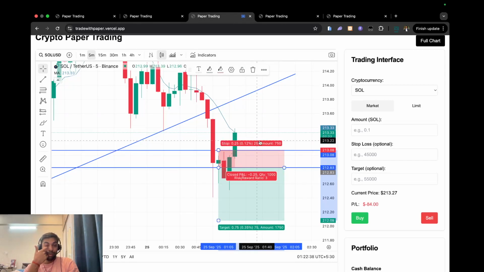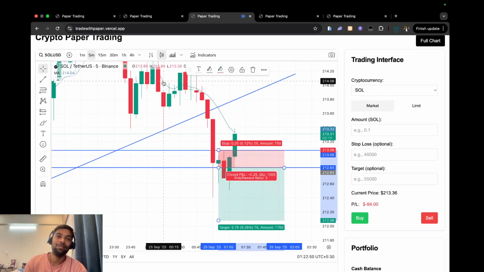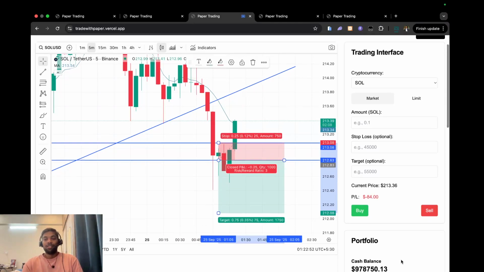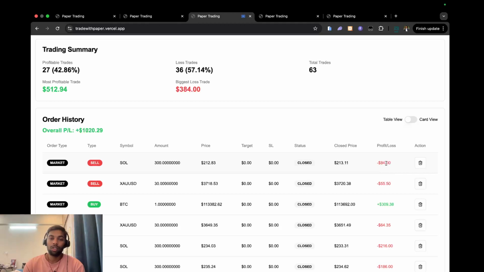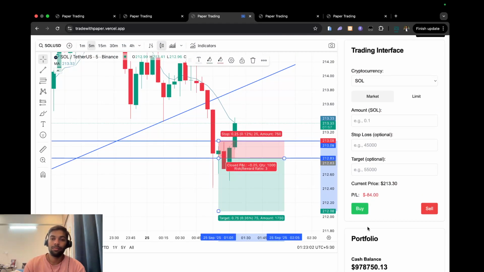As soon as we try to enter the trade, we are facing an extremely trap market, guys. We got trapped twice. So two small stop losses: this is the $84 stop loss, and before this we had a $55 stop loss.